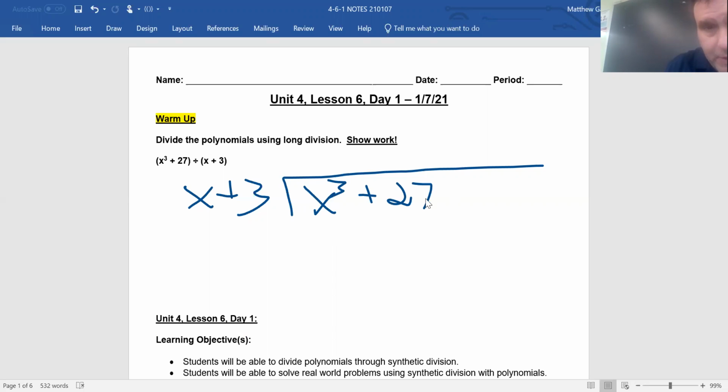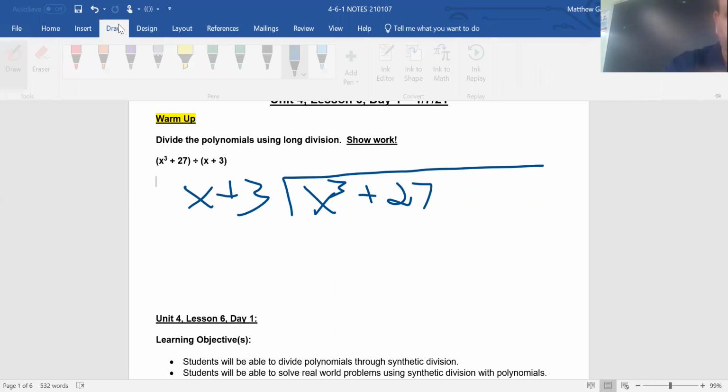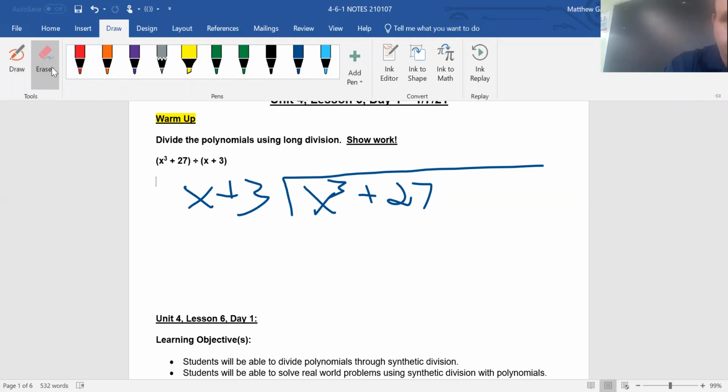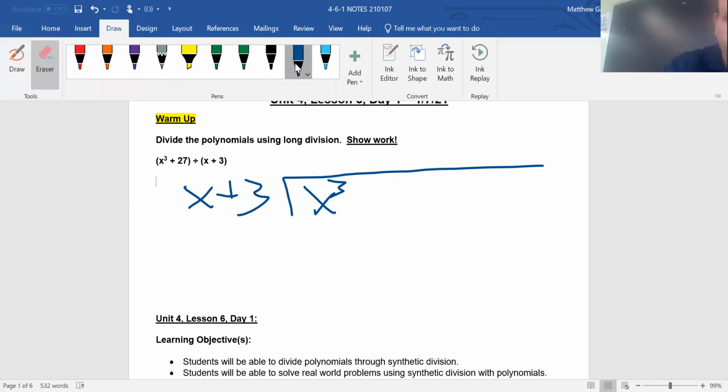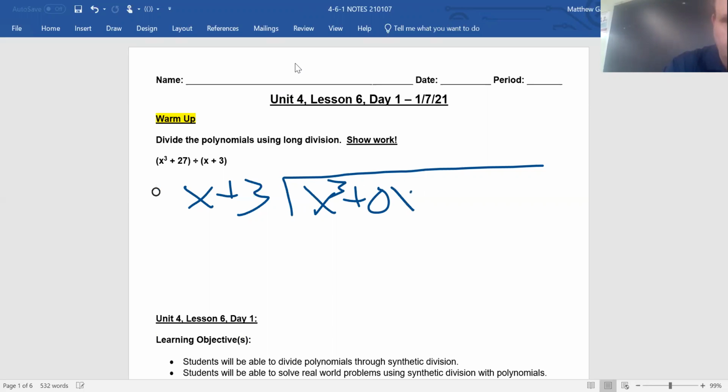So if you're going from a cubic term to a constant, you need two placeholders. You need one for the quadratic term. You need a 0x squared, and you need a 0x. And you're going to see that synthetic division works very, very similar with the placeholders. And then we just complete the process.